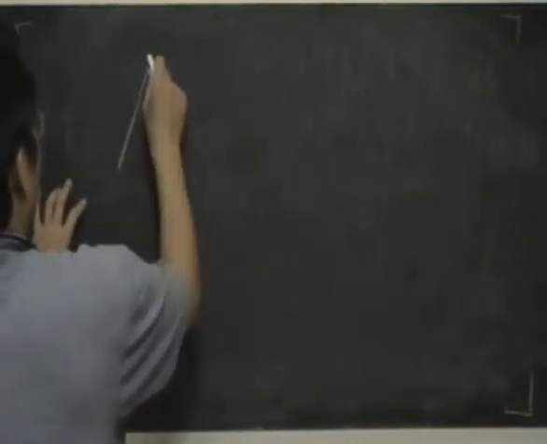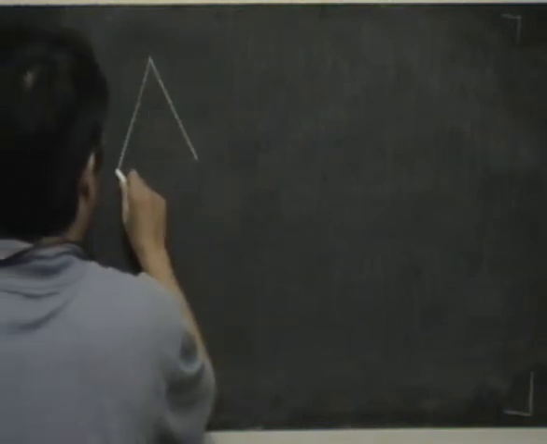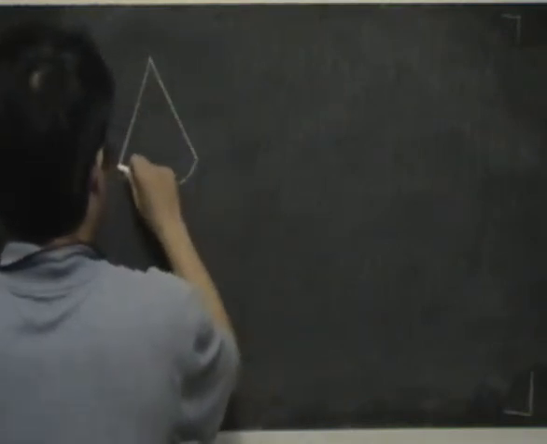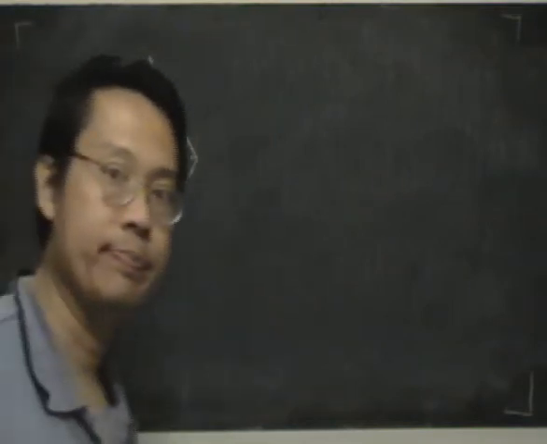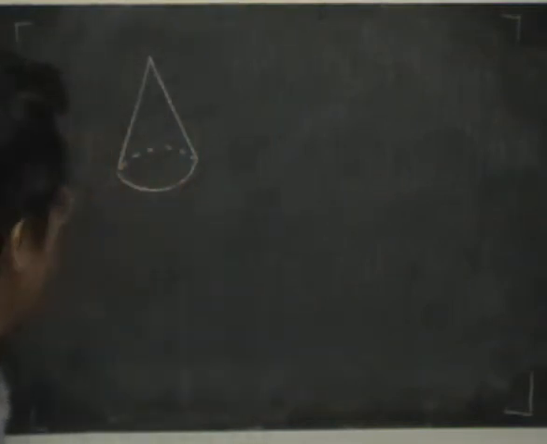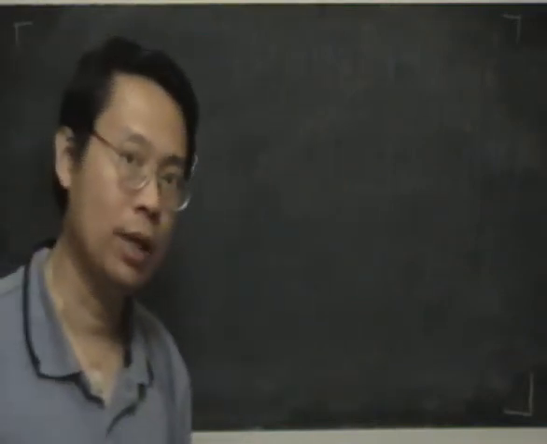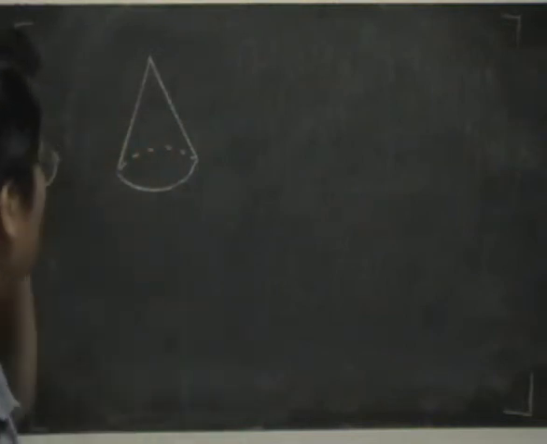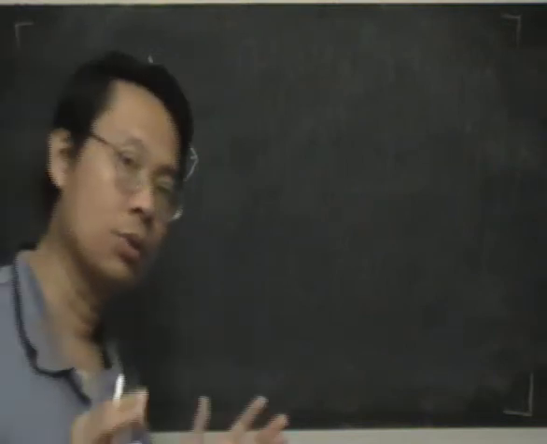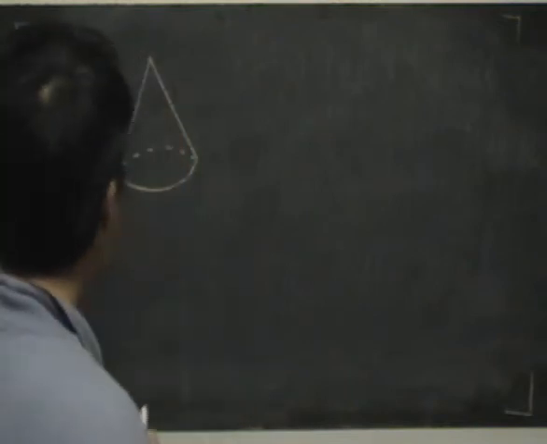Okay, let's look at another shape which is quite common. A cone. How do we find the volume of a cone? Now, I'm just going to write down the formula for this.